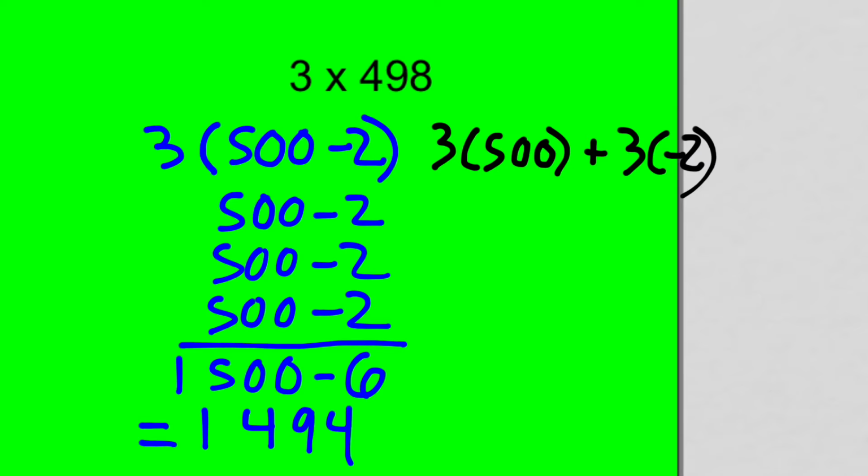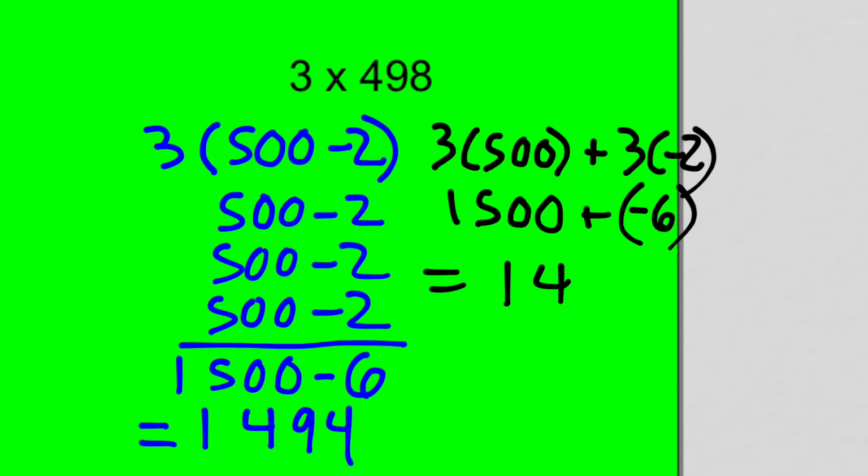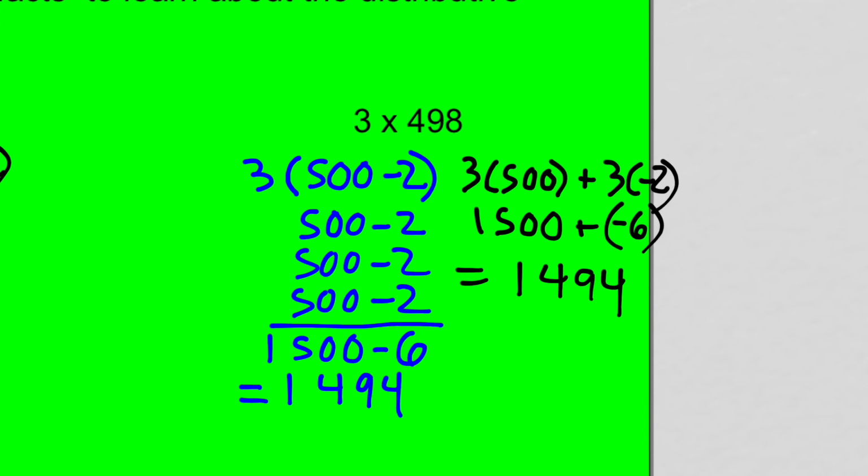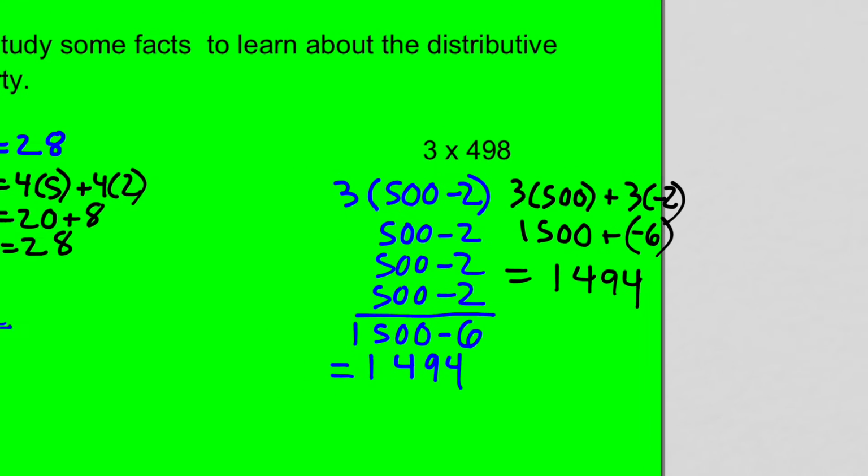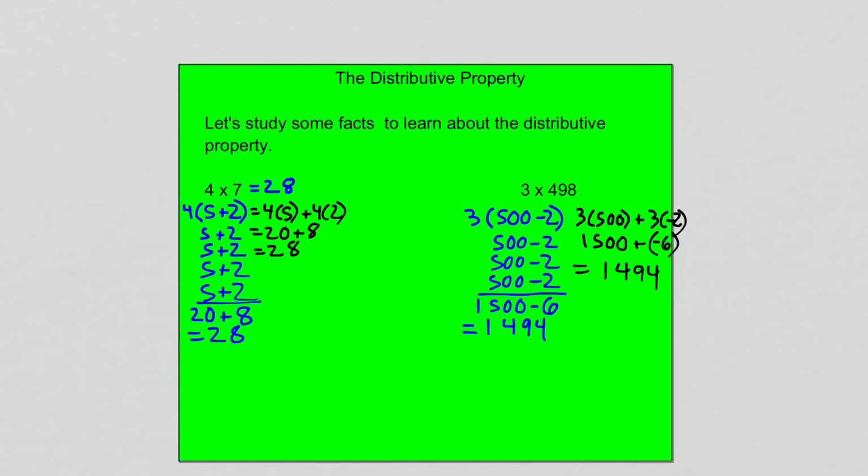And when we do that, that's 1,500 plus negative 6, which is equal to 1,494. Okay? So it's interesting to see how you can manipulate numbers, and the distributive property lets you do all sorts of fun things with numbers. So that's looking at the distributive property with whole numbers.